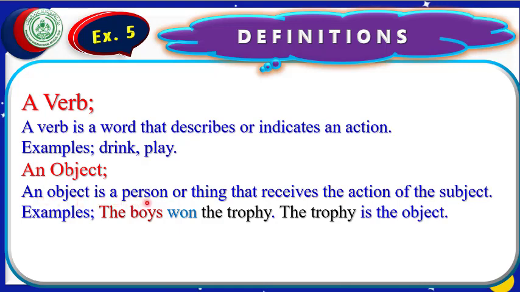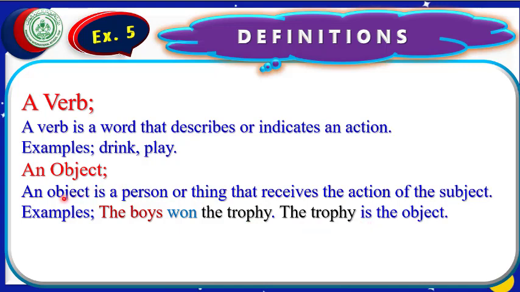An object is a person or thing that receives the action of the subject. Examples are: the boys won the trophy. The trophy is the object.